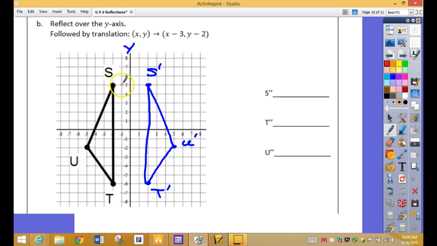Left 3, down 2. And left 3, down 2. Left 3, down 2. There you have it. So that's what it would look like on the graph for that one when you did a reflection and then a translation.